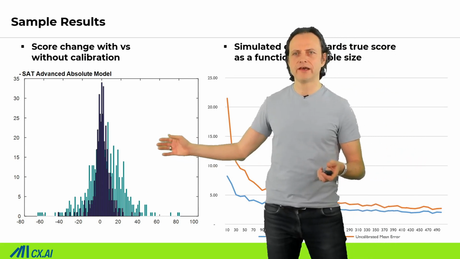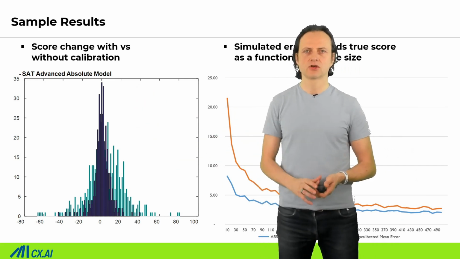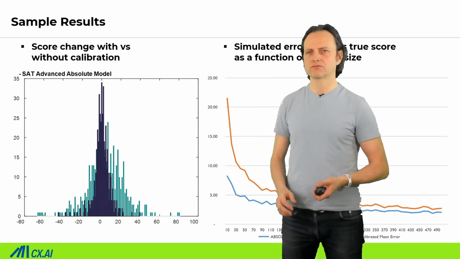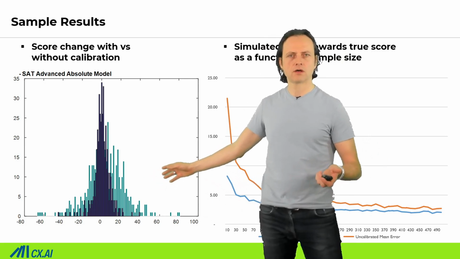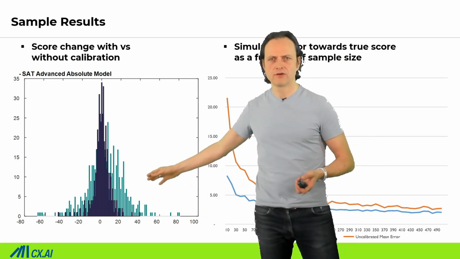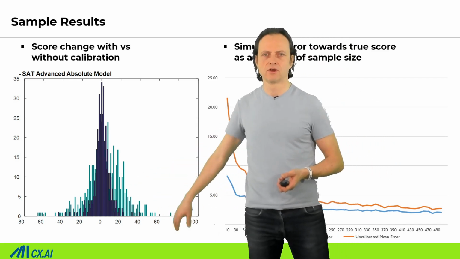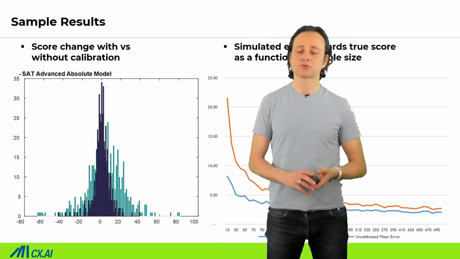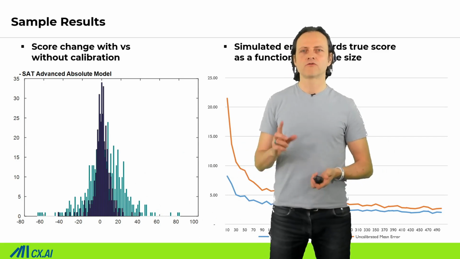So here's an example of how this looked. What you see on the left is the score change with and without calibration. The NPS score for 100 or fewer samples typically can vary plus or minus 20 for lower sample sizes.